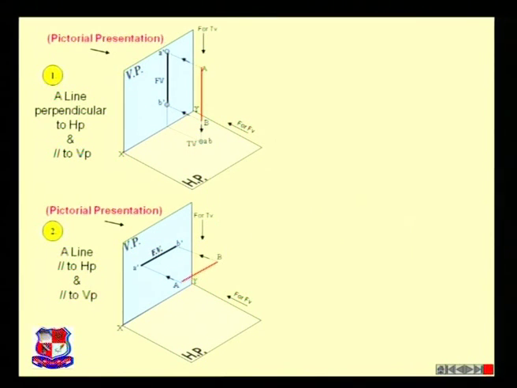We will just have the projection on the horizontal plane like this. We will mark these points likewise A and B. So this is how we can represent a line which is parallel to HP and parallel to VP. Like this, we have clearly stated the projections of a line.